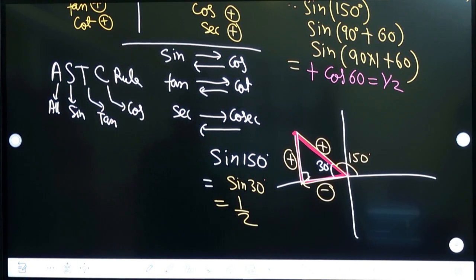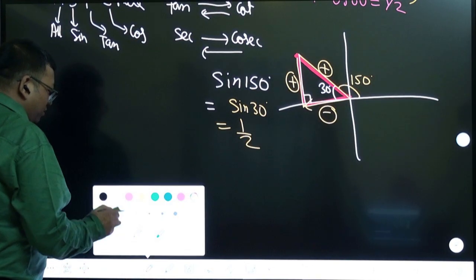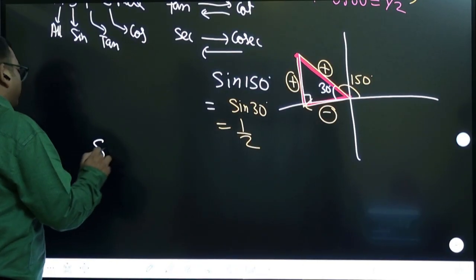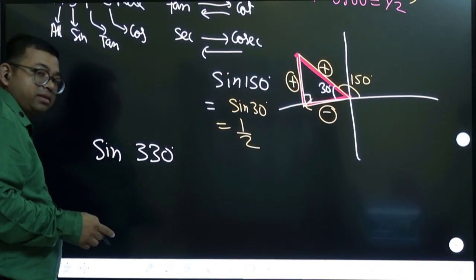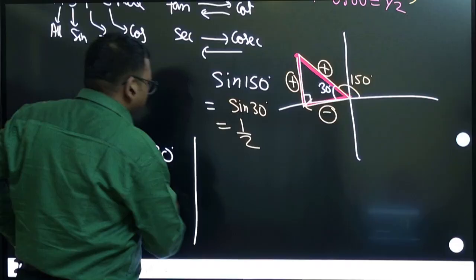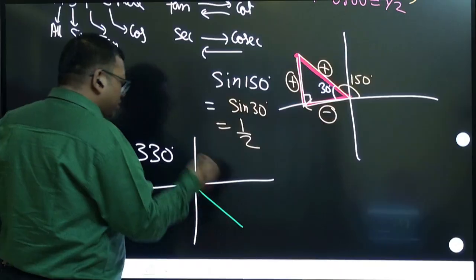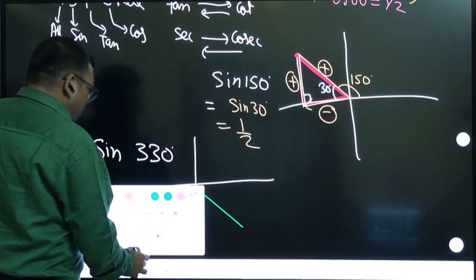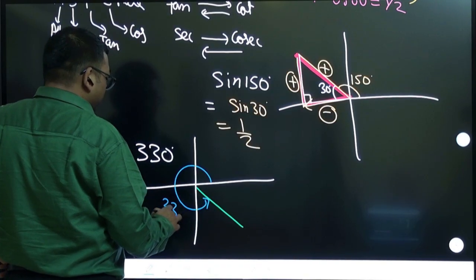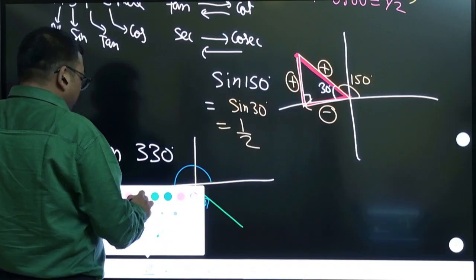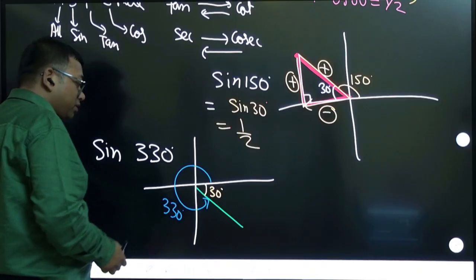No need. Suppose I want sine of, let us say, 330 degrees. So what I will do is I will construct this, right? And note that angles are always measured anti-clockwise. So I am taking this as 330 degrees. If I take 330 degrees, that means this must be 30 degrees because the total is 360 degrees.